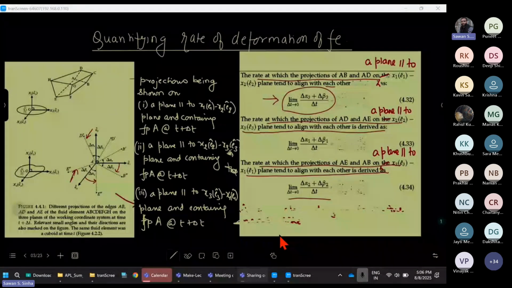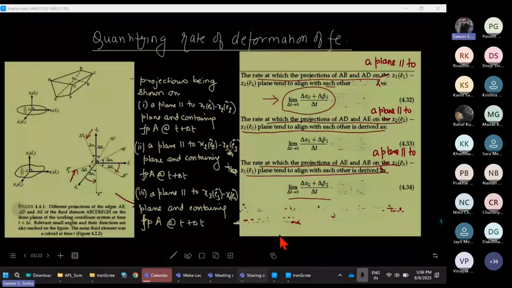Why am I marking these angles? I am marking these angles because these angles will help me measure the rate at which various edges are departing from their initial orientation. So at time t equals 0, all the edges of the cuboid were perpendicular to each other.